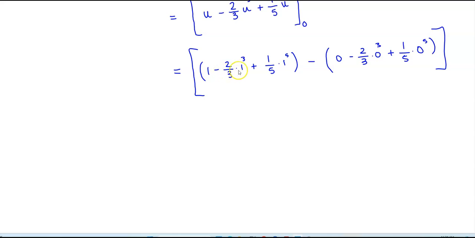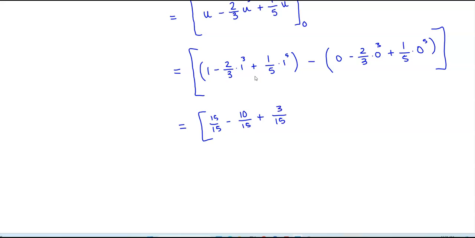Now we want to solve here. Anything times 1 is going to be itself. So we want to find a common denominator. It looks like 15 is the common denominator. So we have 1, which is 15 over 15, minus 2/3, where the denominator is 15, 3 times 5, so it's going to be 10 over 15, plus 1/5, which is 3 over 15.